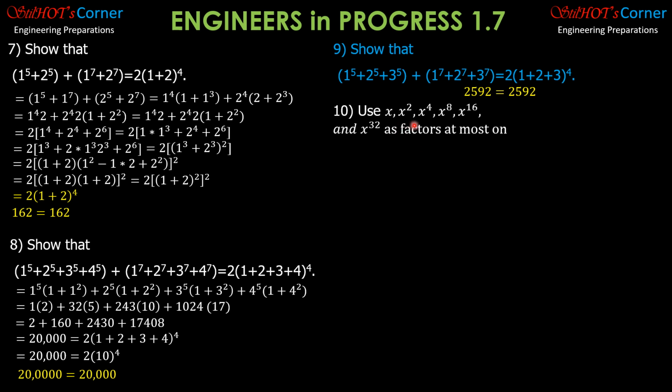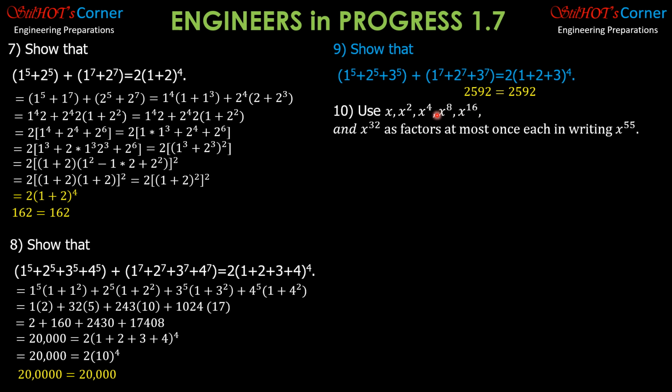Use x squared, x to the fourth, x to the 8th, x to the 16, and x to the 32 as factors at most once only in writing x to the 55. So for 55, if you use the largest as the last, 32 plus 16 is 48.